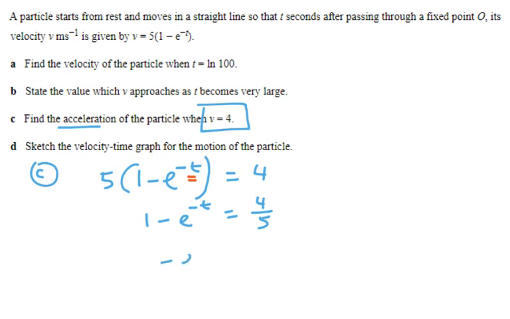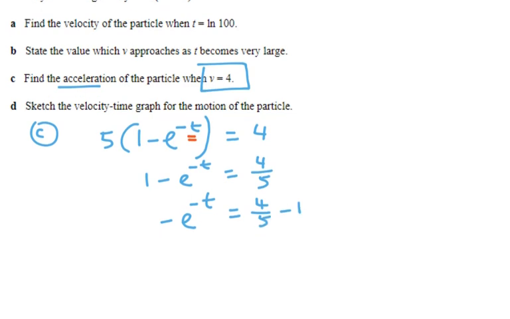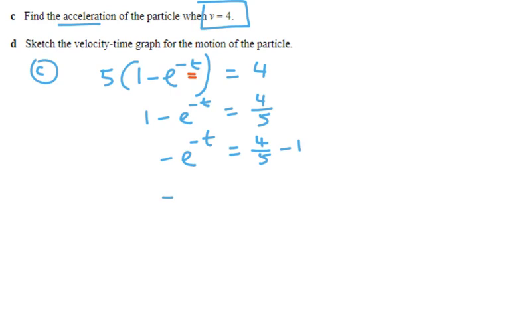Hence, negative exponential of negative t will give you 4 over 5 minus 1. And then you will be able to get negative exponential of negative t equals negative 1 over 5. Since both sides have a negative, both can be cancelled off. So to bring the t down, you ln both sides.